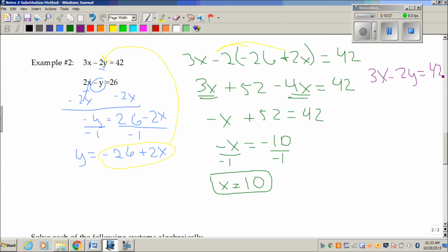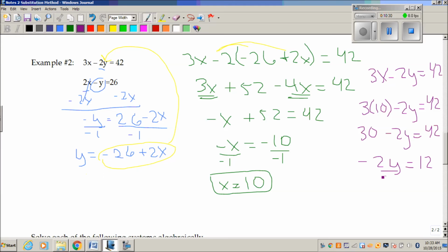I'm going to substitute 10 in place of x, so I'm going to have 3 times 10 minus 2y equals 42. So I have 30 minus 2y equals 42. Subtract 30 from both sides. I'm going to get negative 2y equals 12. Divide both sides by negative 2. And I'm going to get y equals 6.